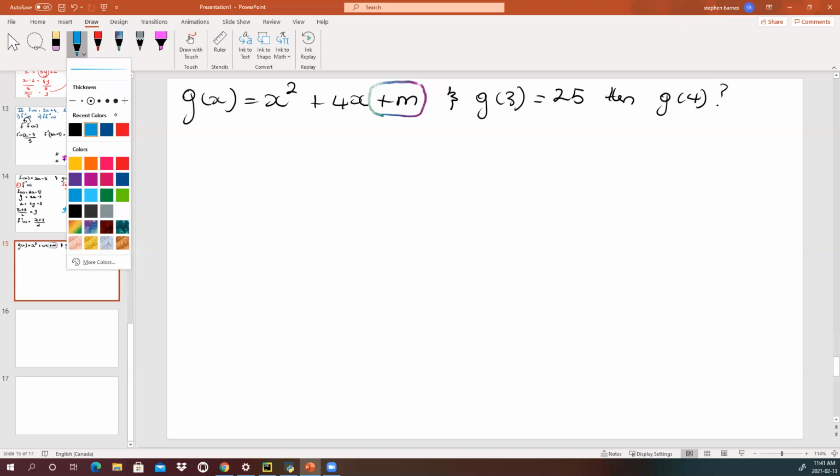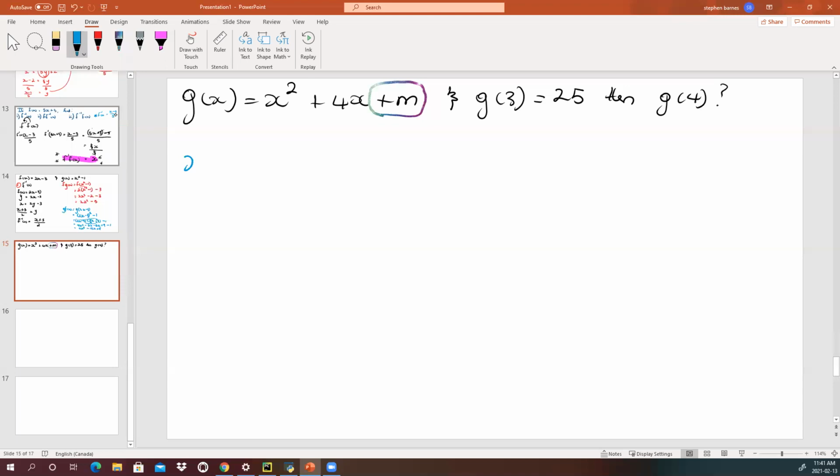What you know is that when you do x squared plus 4x plus m, it equals 25 when you put 3 where x is supposed to be. Anything inside the brackets, you put where x is. So you can go ahead and substitute 3 where these x's are.